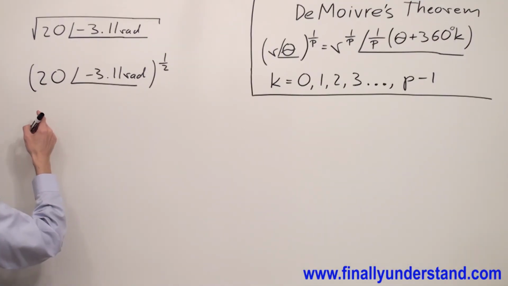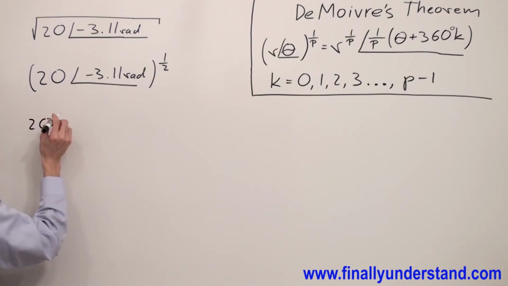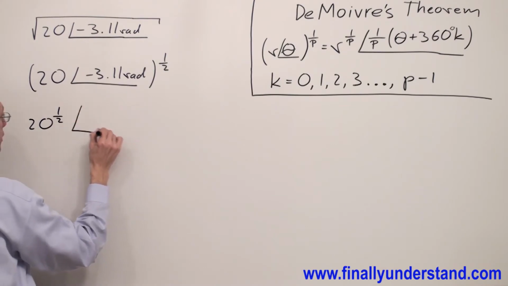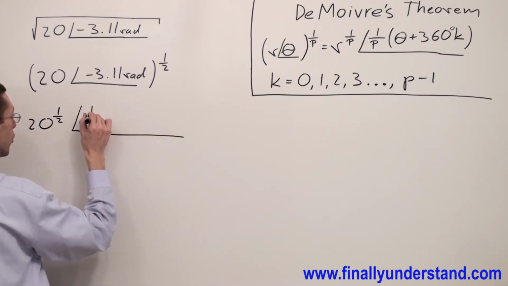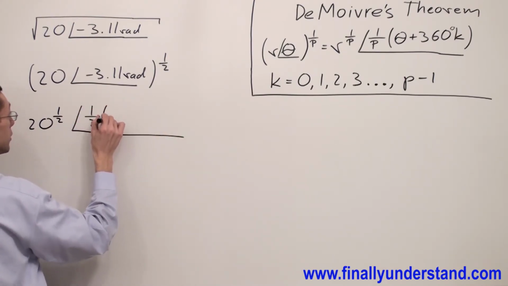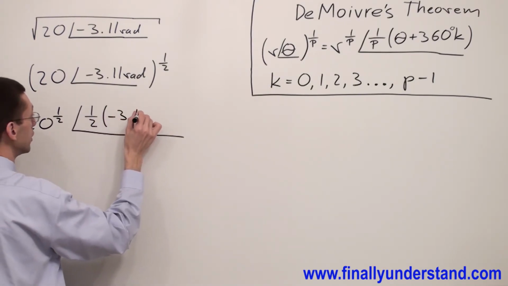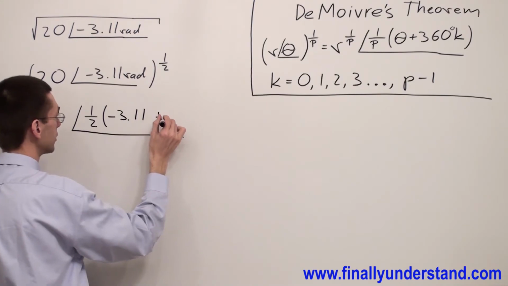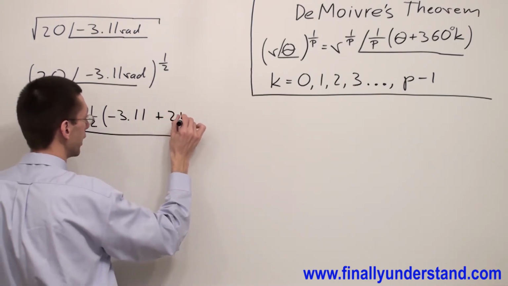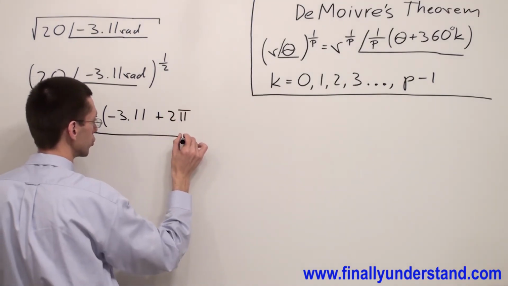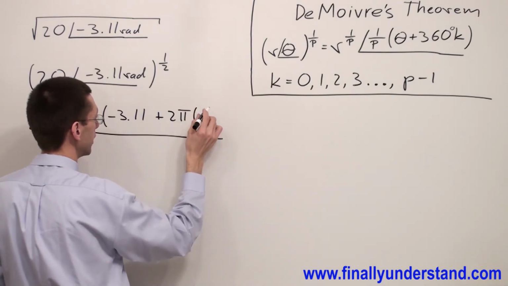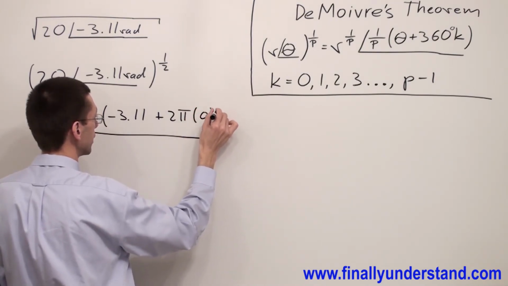Next, I'm supposed to raise the magnitude to power 1/2, and I'm going to have 20 to power 1/2, and I have angle 1/2 times negative 3.11 plus 2 pi times 0. Instead of 360, you're supposed to use 2 pi.